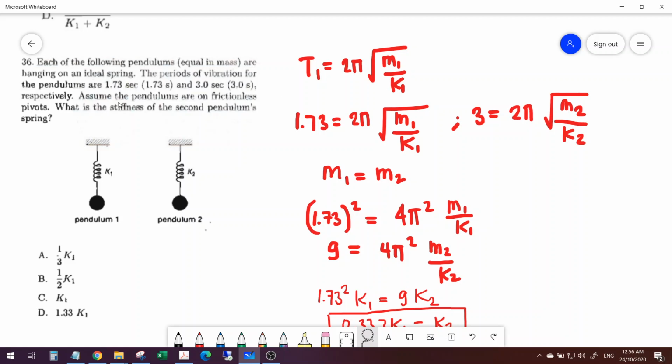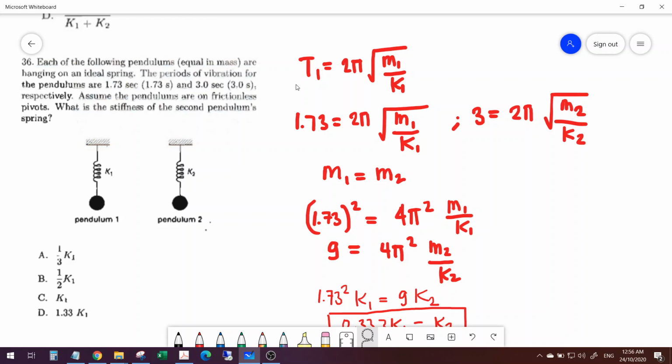If you observe the problem, they have different periods but equal mass. If they have the same mass and different periods, therefore their stiffness is also different.